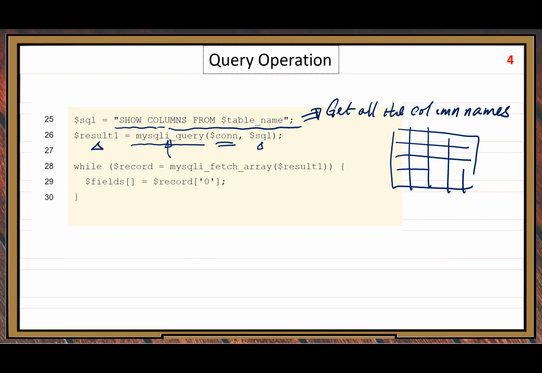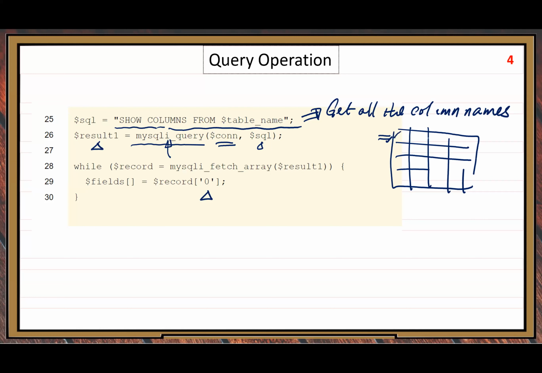So now we need to retrieve the result, but we only want to retrieve the row with this index, the string index '0'. That corresponds to the first row of the result. That's the column information.